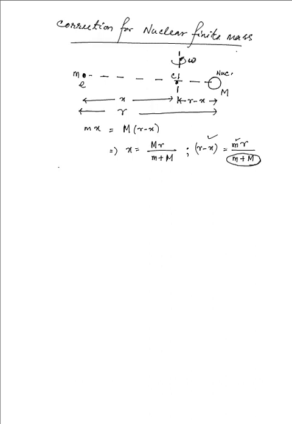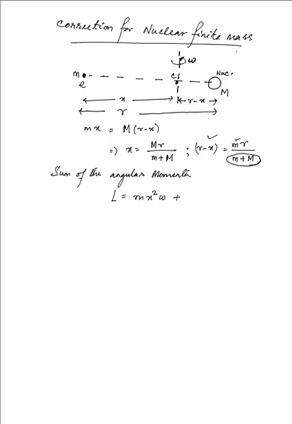Now if we consider the sum of the angular momenta, what we get is that the angular momentum is simply mr squared omega, and instead of r squared, for the electron we have its mass small m multiplied with the square of the distance x which it has from the center of mass, because here the angular momenta are considered about the center of mass, and that is multiplied with the angular speed with which it revolves around the center of mass.